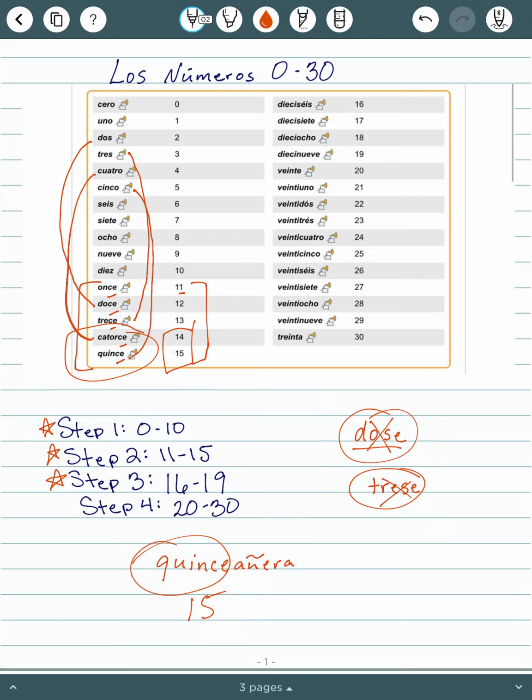And then step number 3 is starting to behave very similarly to what we do in English. So 16 through 19, think about what we do in English. 16, 17, 18, 19. And what we actually do with these numbers is we're doing an addition problem. So if I added 10 and 6, so 10 plus 6 equals 16.